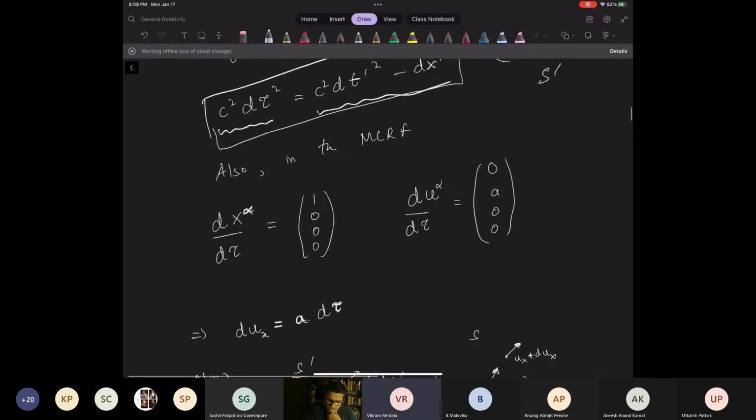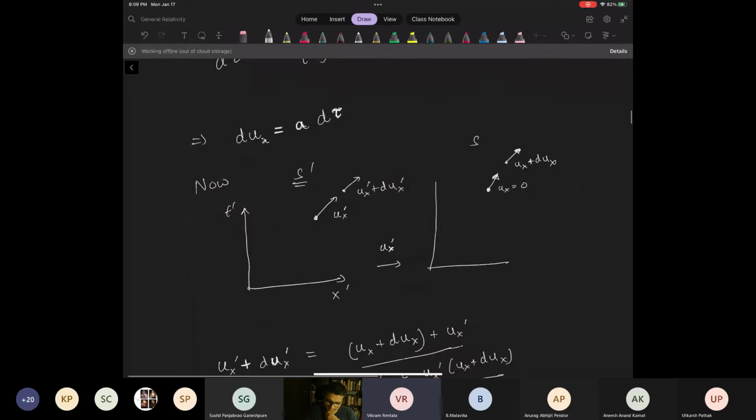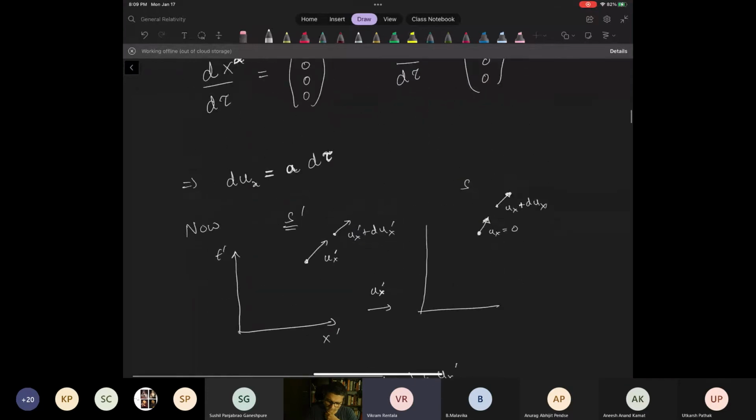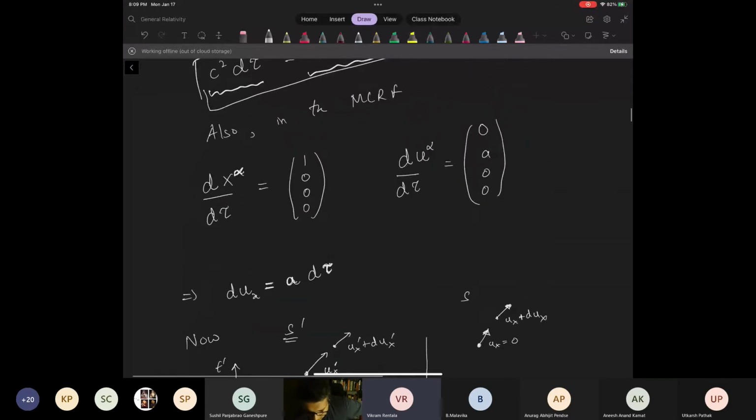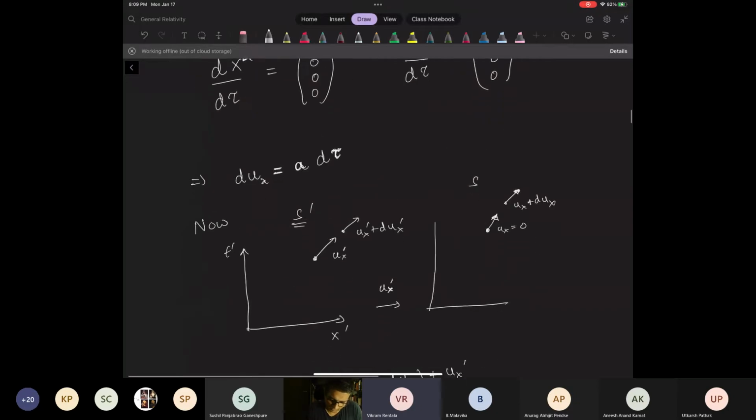So now, in the MCRF, we've also seen that the velocity changes. As I move from the point x prime, t prime to the point x prime plus dx prime and t prime plus dt prime, the speed of the particle should change.